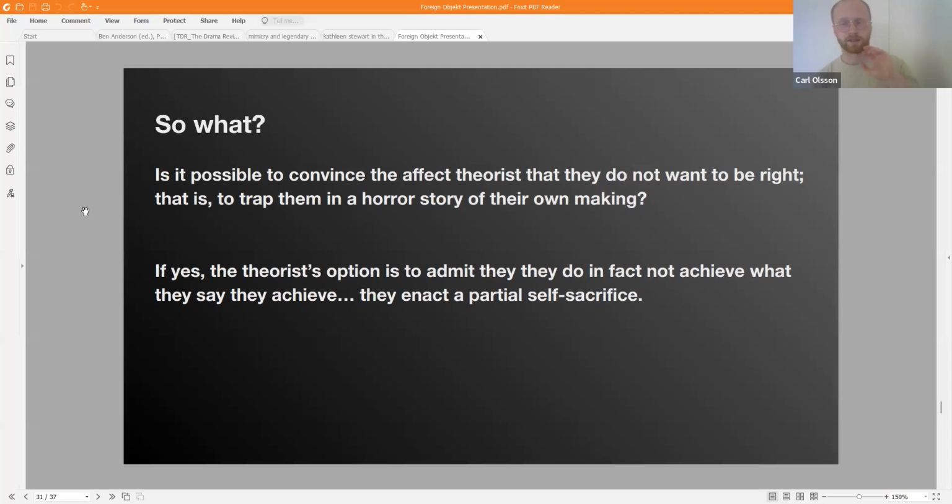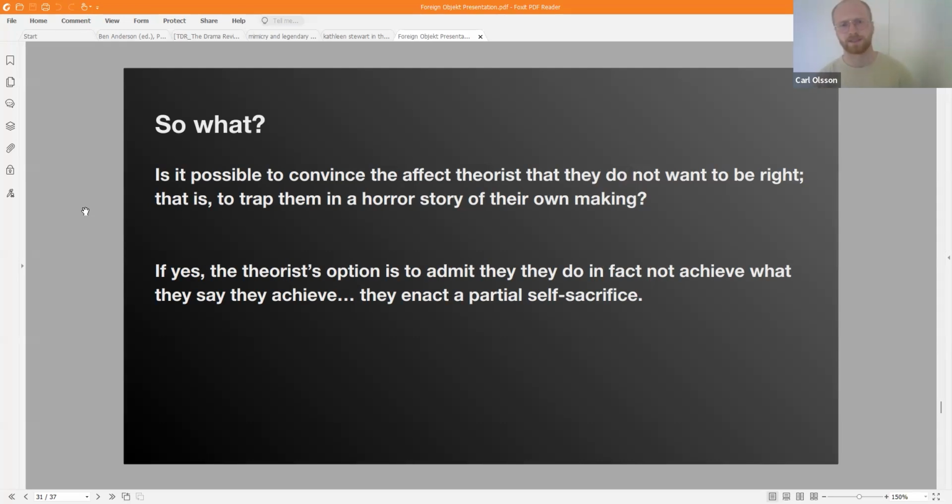I think there is something to complete here, but one can probably make good on it without psychoanalytic theory, if one wants to. In any case, I think this would be a way to trap the proponent of new materialism or the affect theorist, if one is so inclined, into a horror story that they are weaving for themselves.